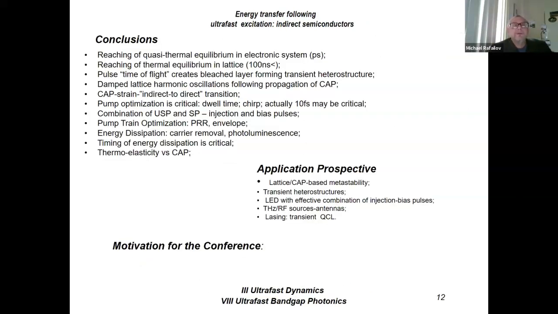So the brief conclusions would be, first of all, reaching quasi-thermal equilibrium in the electronic system takes picoseconds. Reaching thermal equilibrium in the lattice is probably more than 100 nanoseconds.